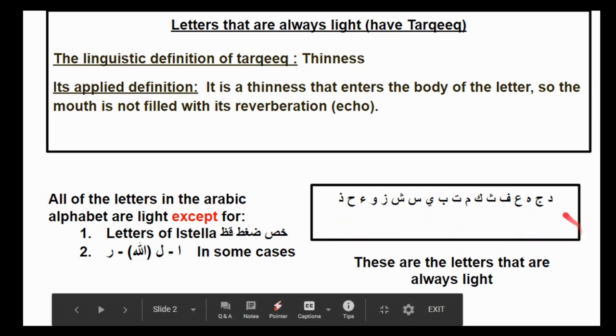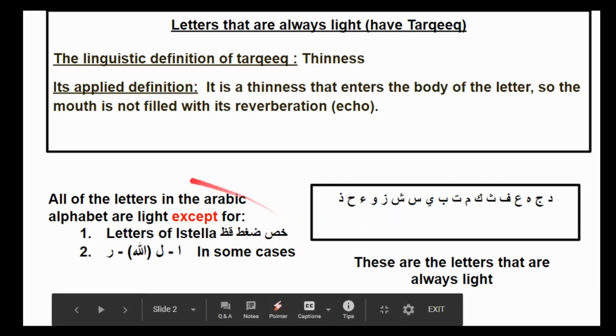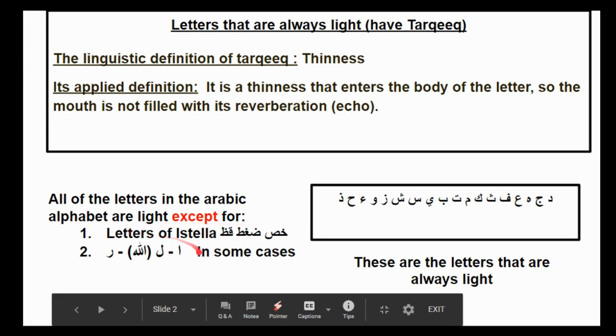So for these letters, the correct pronunciation would be Da, Ja, Ha, Fa. You can't say Da or Jaw or Ha or Wa. That's making it heavy, so you have to keep your tongue flat, which will guarantee that it won't make it heavy. So if you keep your tongue flat, it'll be Da. Keep it pushed down to the bottom of your mouth.